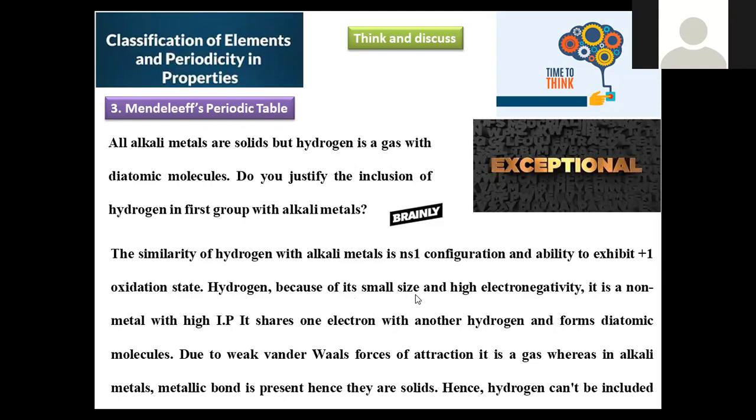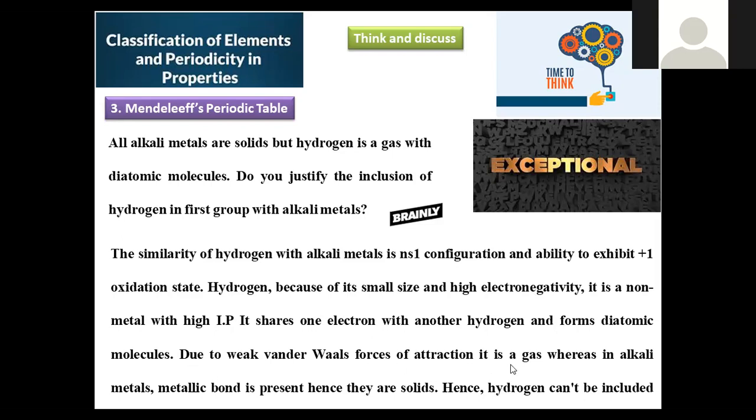And hydrogen, because of its smaller size, high electronegativity and high ionization potential, is a non-metal. That's the reason why it is able to form covalent compounds rather than ionic bonds. All the first group elements participate in ionic bond formation, but exceptionally, hydrogen participates in covalent bond formation. Being smaller with high electronegativity, it is able to share its electron with another hydrogen.